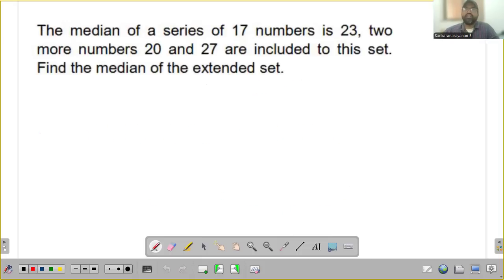Let's now go to the 11th one. Look at this. The median of a series of 17 numbers is 23. See, the number of observations is equal to 17. Listen carefully. 17 means what? 17 plus 1, 18, 18 by 2. The 9th observation is nothing but the median value.